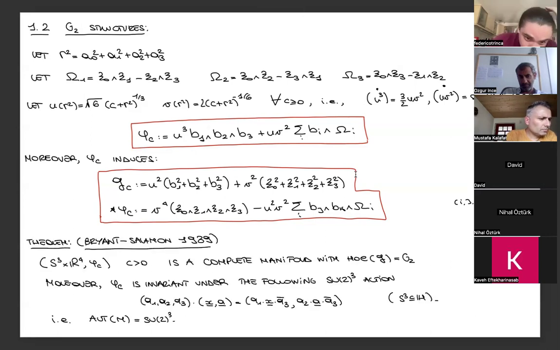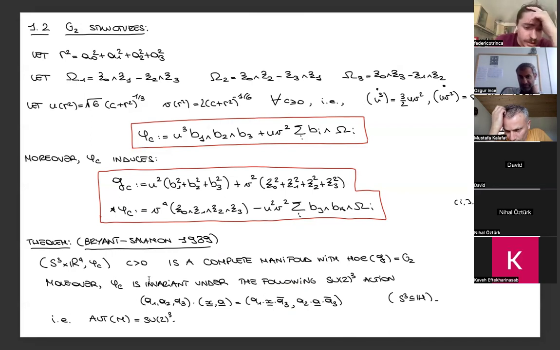Okay, so given such a G2 structure, what Bryant and Salamon proved was that S3 times R4 is a complete manifold with holonomy equal to G2, and the G2 structure is invariant under the action of Q1, Q2, Q3 of SU2 cubed acting in this way.